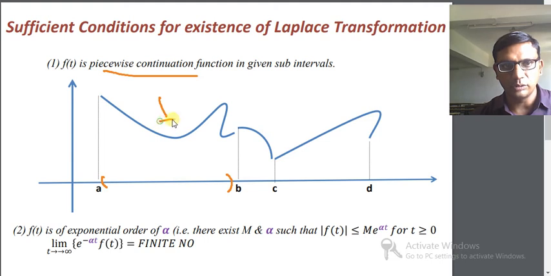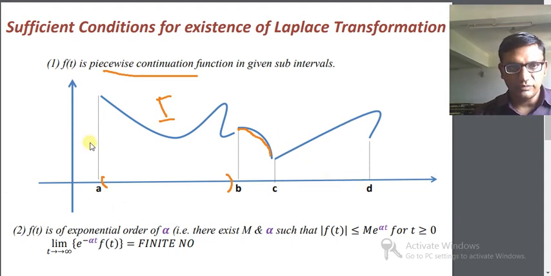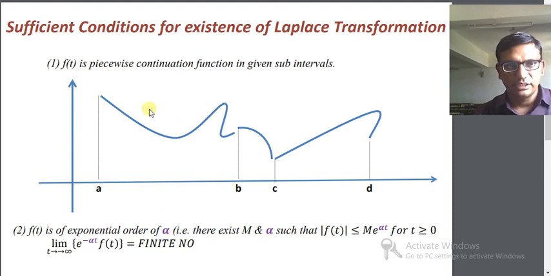The second part is also continuous between b and c, and the third part is continuous between c and d. That means our function is continuous in finitely many sub intervals, then it is known as a piecewise continuous function, and that type of function has a Laplace transformation.